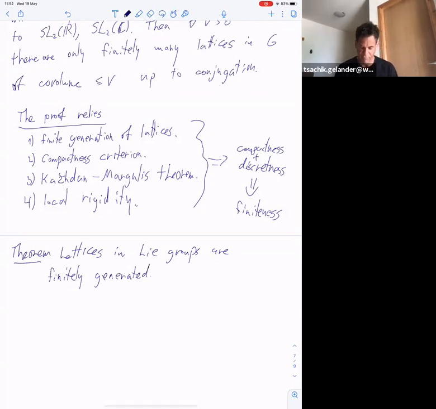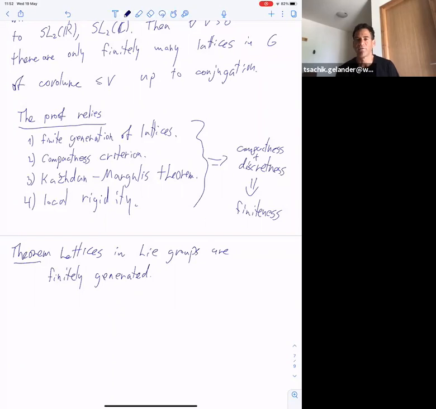For semi-simple Lie groups, this was well known, but I think the only place it's written in that generality is in my note with Raz. It was an open problem for a while, which was one of the main motivations for Kazhdan to define property T. He showed that lattices in higher rank groups admit property T, and property T implies finite generation.